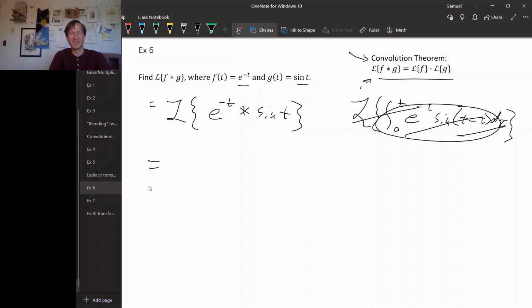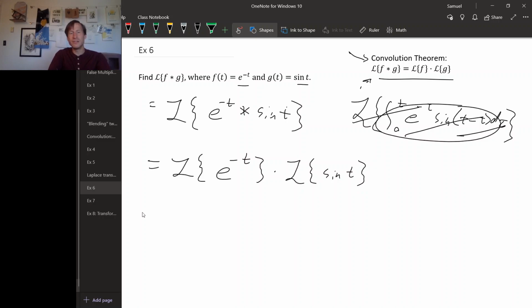We proved it ourselves. And we found that the Laplace transform turns a convolution into a product. So it turns the Laplace transform of e to the minus t convolve sine t into the Laplace transform of e to the minus t times the Laplace transform of sine of t.